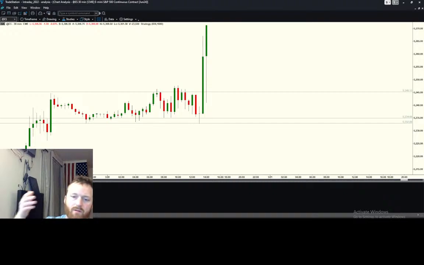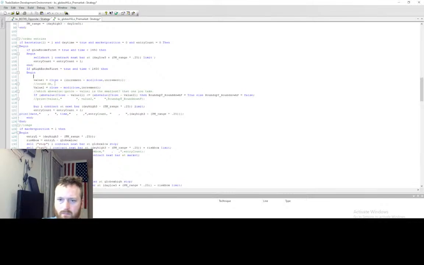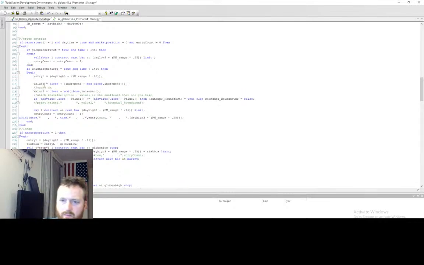We need to round up to the nearest 0.25 because that's the nearest tick. So basically I need to put down, this is my entry long. Entry long is equal to this. So we're rounding entry long.